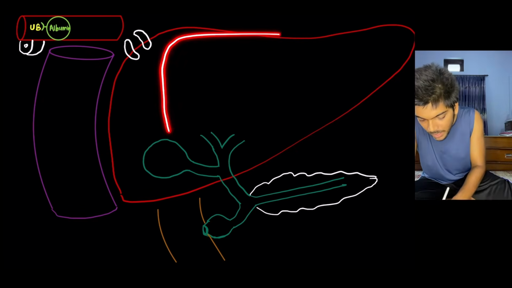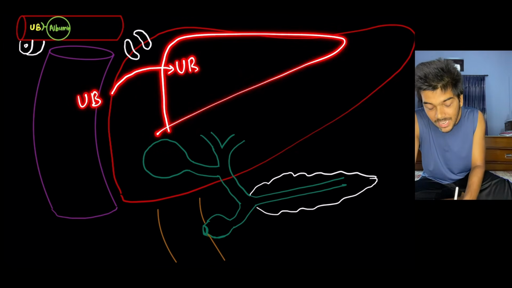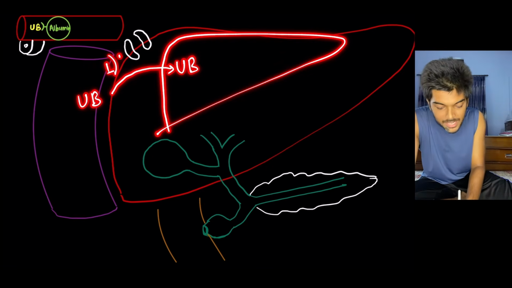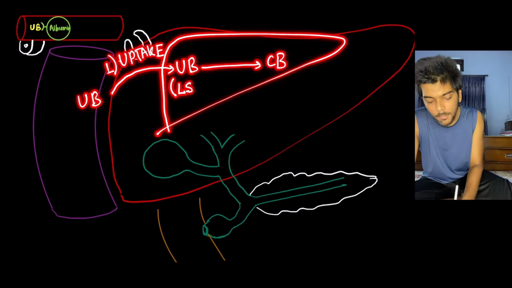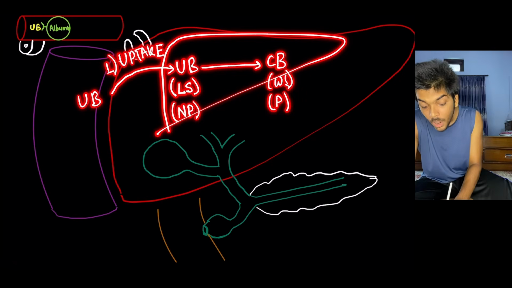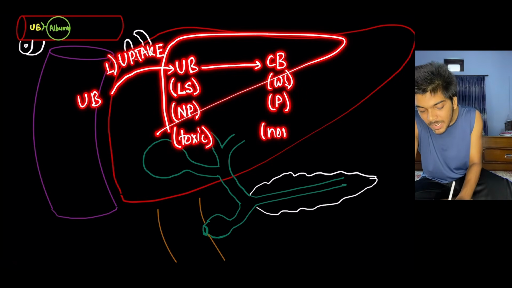Here is the liver. Here is unconjugated bilirubin. First, the unconjugated bilirubin enters the liver. The first step, uptake. Then unconjugated bilirubin is converted to conjugated bilirubin. As a result, lipid soluble bilirubin becomes water soluble bilirubin, or non-polar bilirubin becomes polar bilirubin, or toxic bilirubin becomes non-toxic bilirubin.